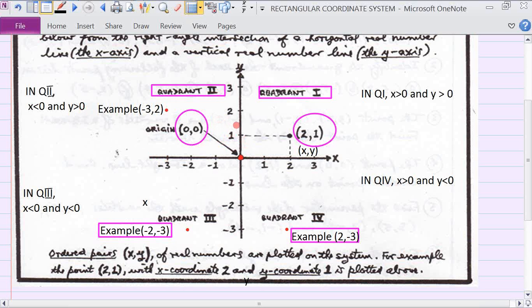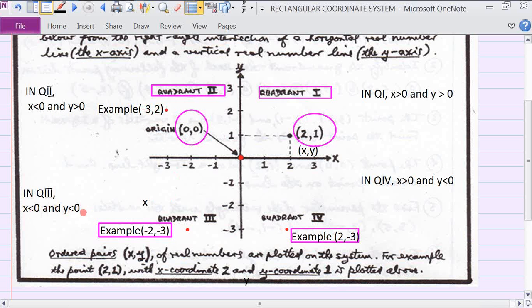If I say x is less than 0, I mean it's negative. If the x is negative and the y is positive, we're talking about a point in quadrant 2.